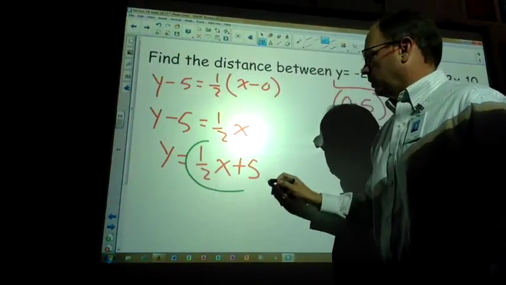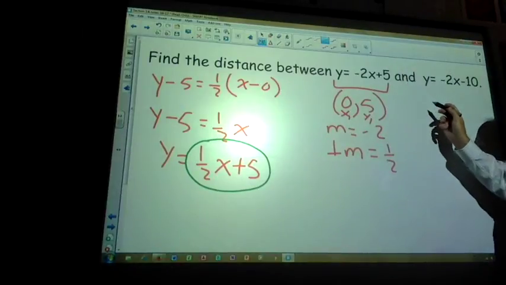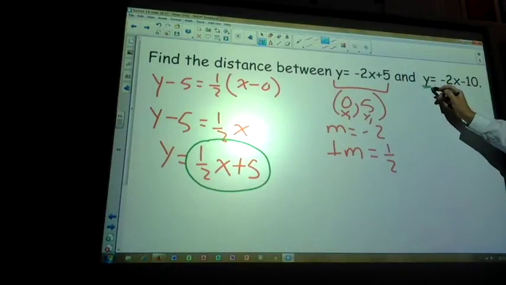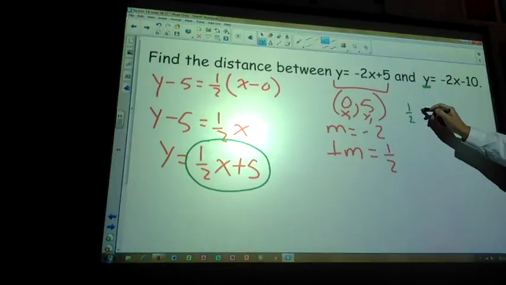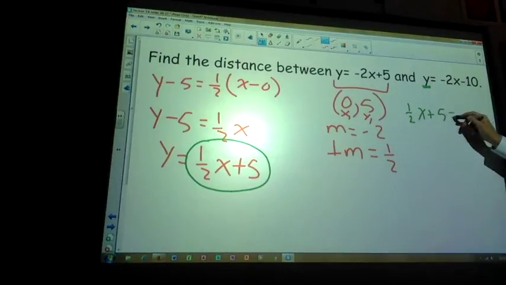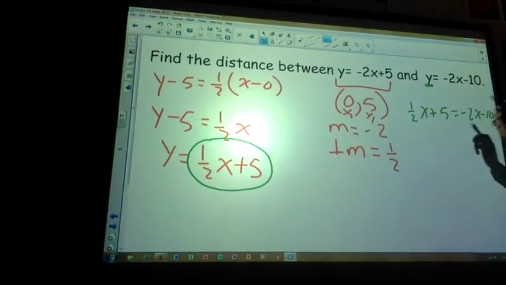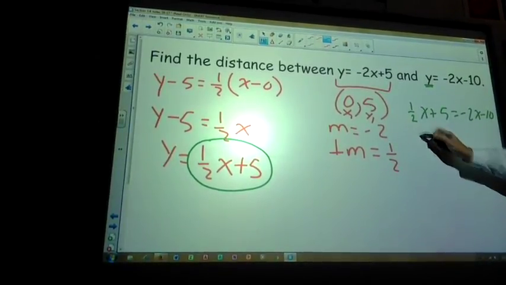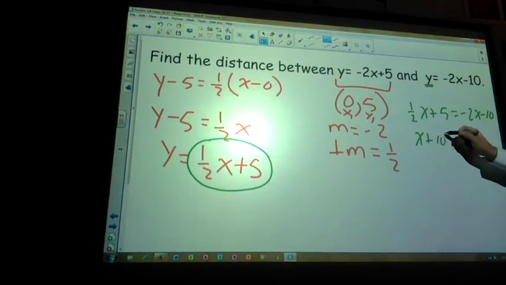I'm going to take this and plug that in right here. Let's clear the denominator, multiply everything by 2. So that's x plus 10 equals negative 4x minus 20.